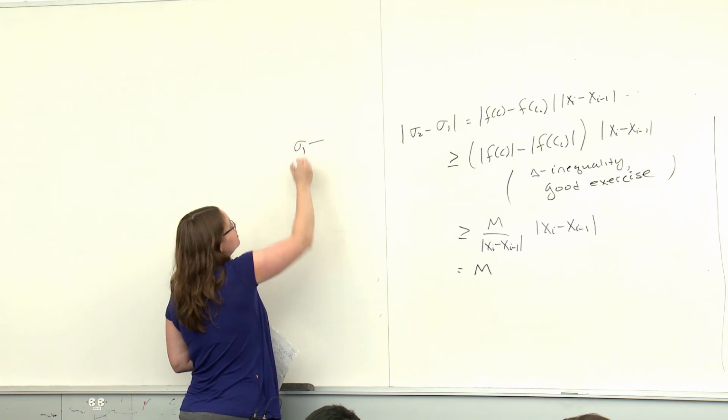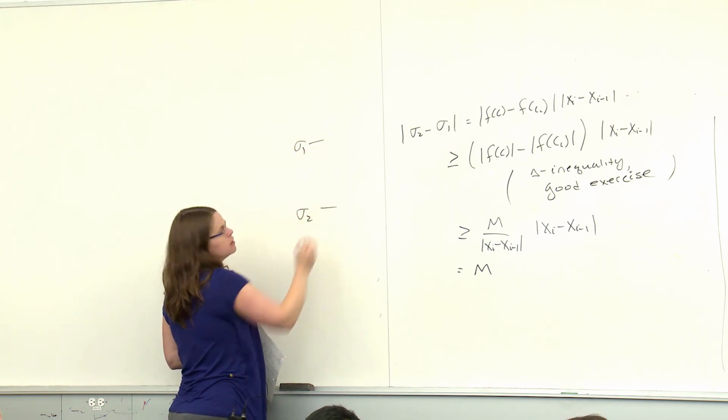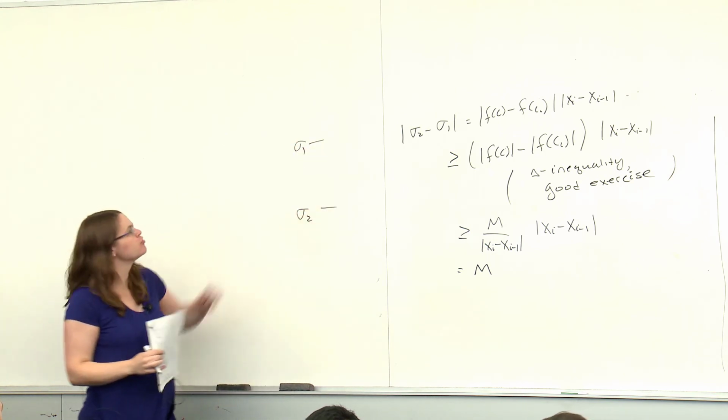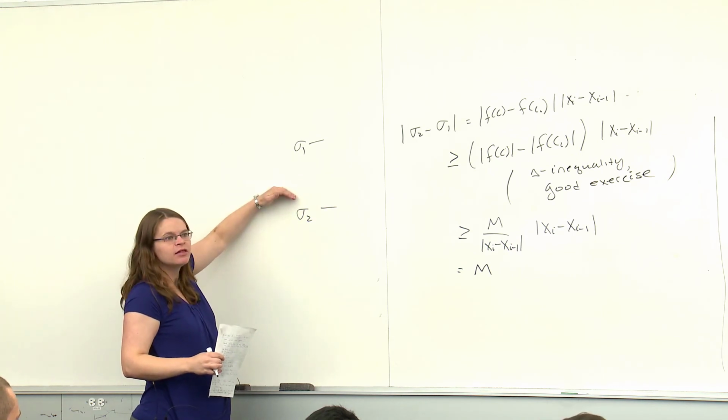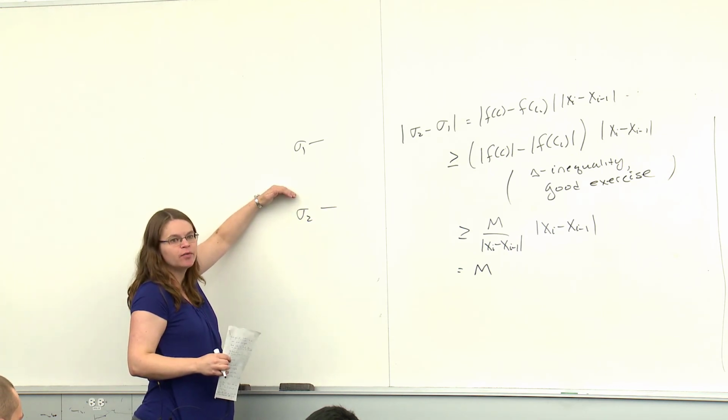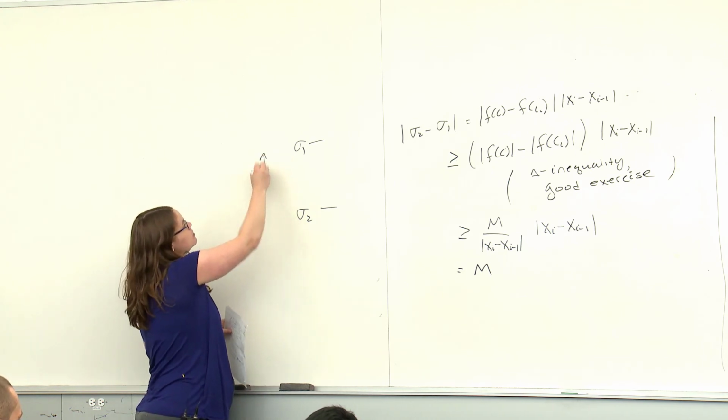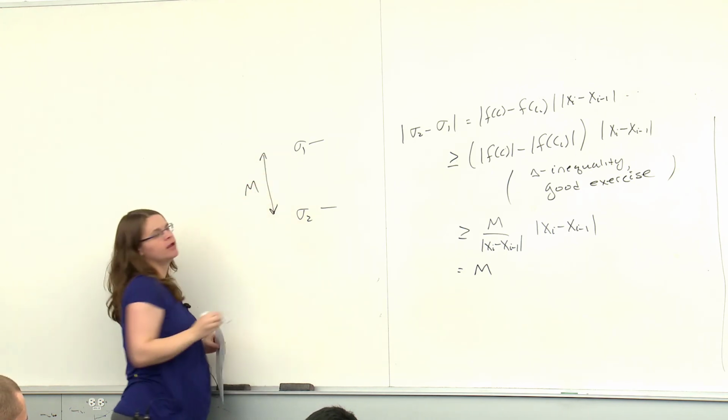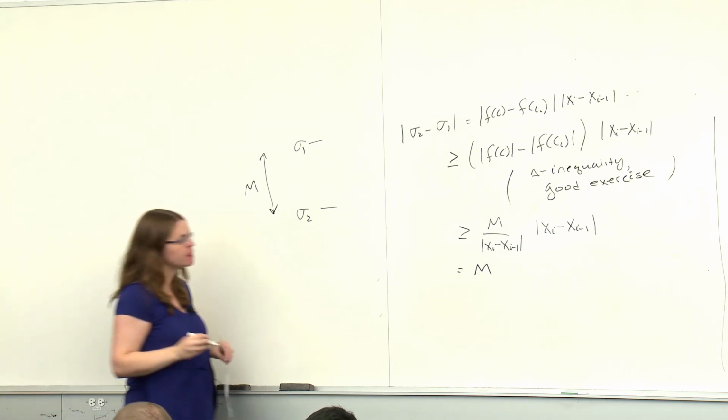So here's sigma 1, here's sigma 2, right? There's no way I can choose an L that stays within epsilon of all possible Riemann sums, right? It's going to differ from one of these.